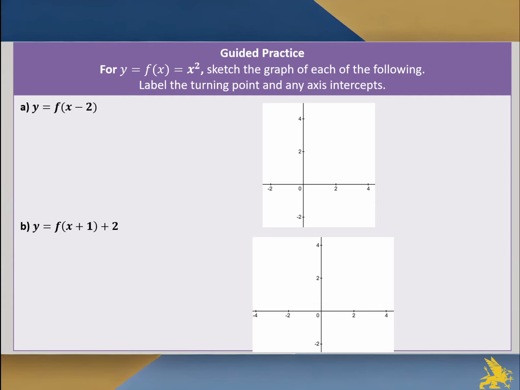If we look at y equals f of x, which is equal to x squared, sketch the graph of each of the following, labelling the turning point and any axis intercepts.